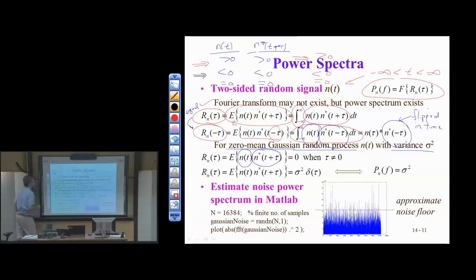I do this one, and I'm equally likely here. So the result of the product, again, I'm equally likely to be negative as positive in the product. Do the second case where n of t is less than 0, then the product: if I'm less than 0 and I multiply by greater than 0, I get less than 0.